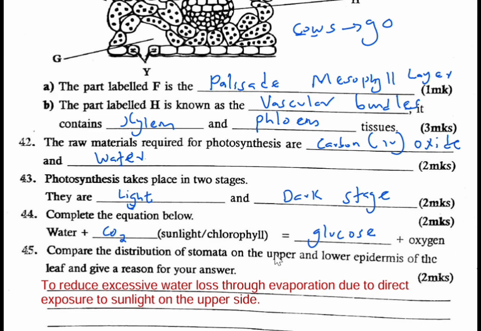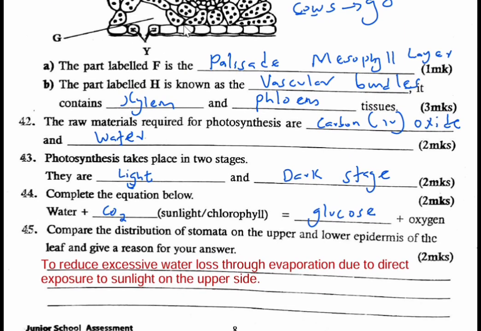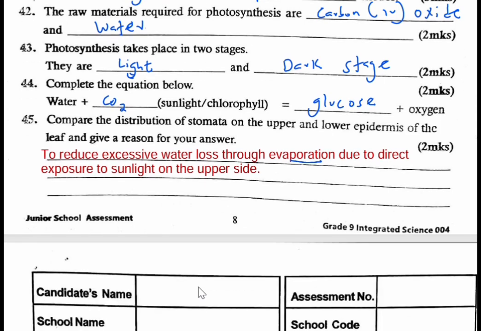You will find that in this diagram, the stomata are more on the lower epidermis than on the upper epidermis. And the reason is to reduce excessive water loss through evaporation due to direct exposure to sunlight on the upper side. So that is the reason why we have more stomata on the lower epidermis than on the upper epidermis, to reduce excessive water loss through evaporation and even transpiration.